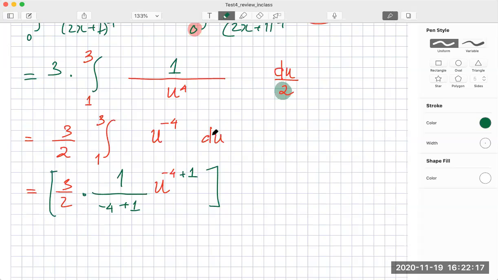And we evaluate, now with the variable u, so u running from 1 to u equal to 3, right?